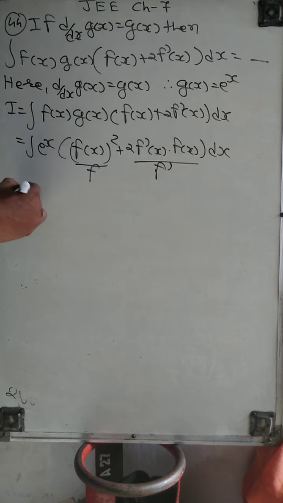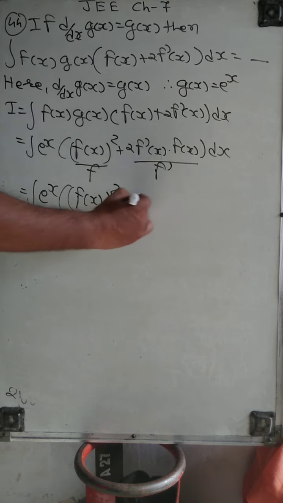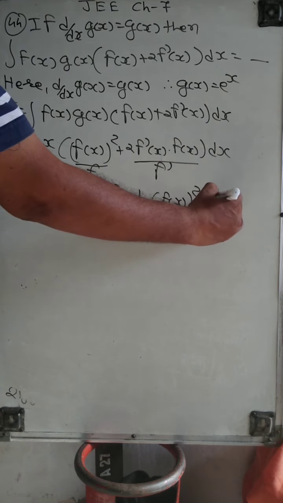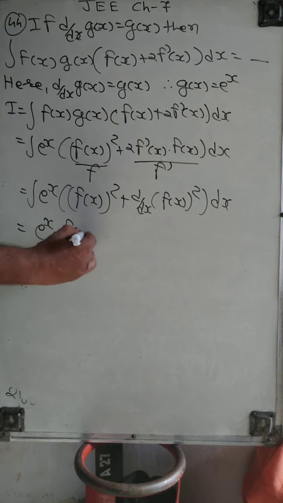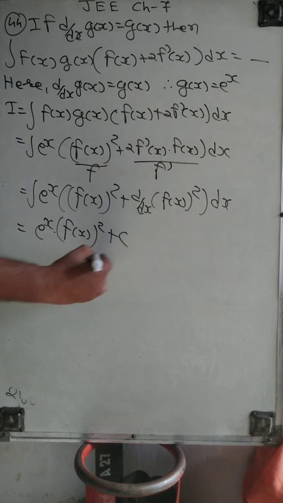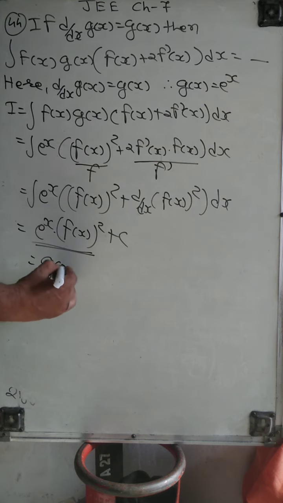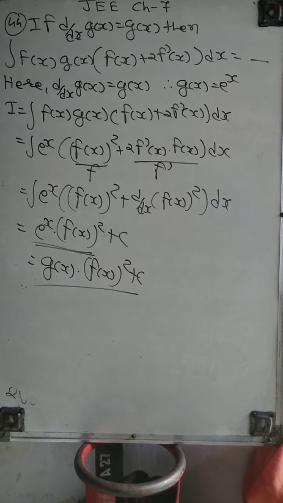Or we can write this way: e^x [f(x)² + d/dx of f(x)²] dx. Therefore the answer is e^x into f(x)² plus c. But e^x is g(x), so we convert into g(x) and then simplify. This is our final answer. So this way we can obtain our answer very easily by this method.